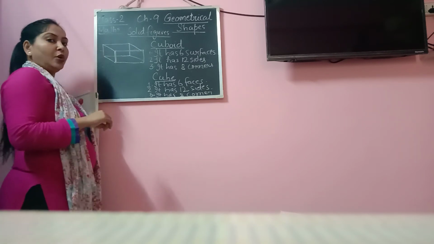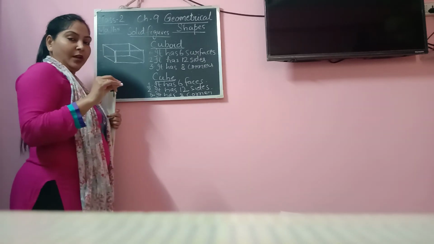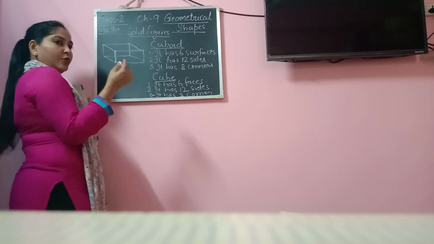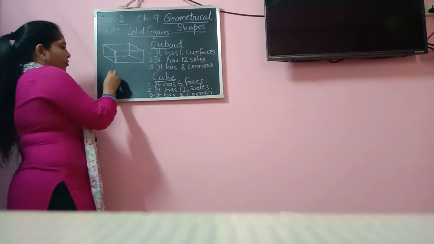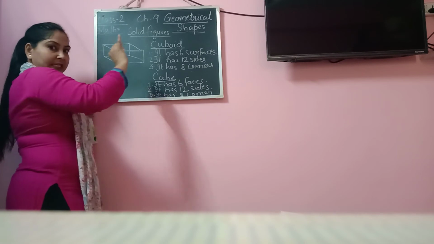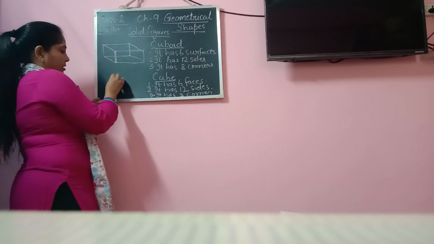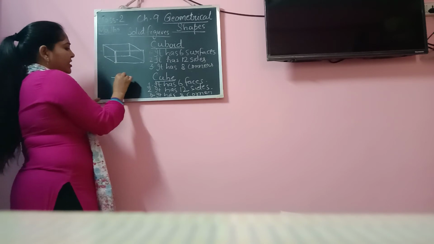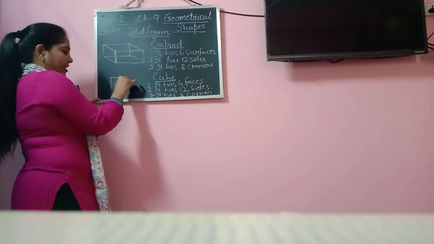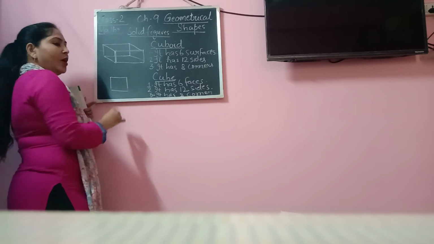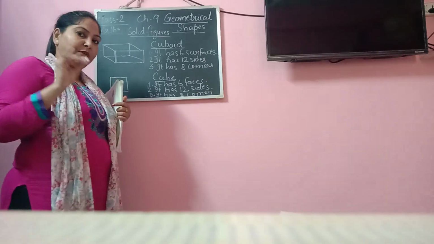Now, how will you draw a cube? For a cube, as we know that all sides are equal, let's take 4 boxes. 4 boxes down, 4 boxes up. On all the sides, we will take 4 boxes, or you can take 3 boxes also, but everywhere you have to take 3 boxes.